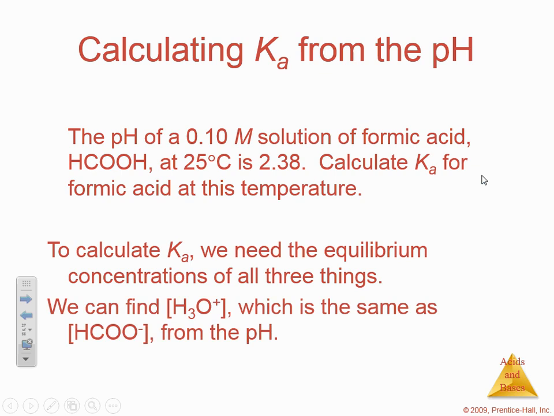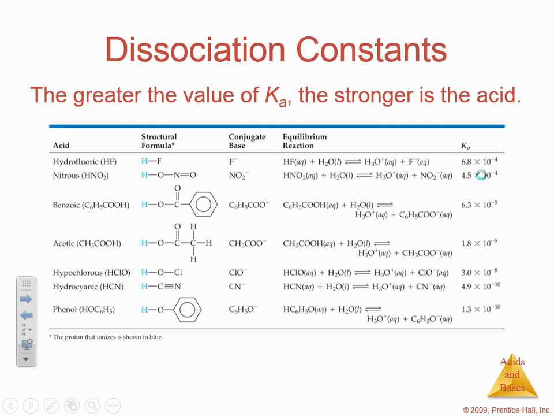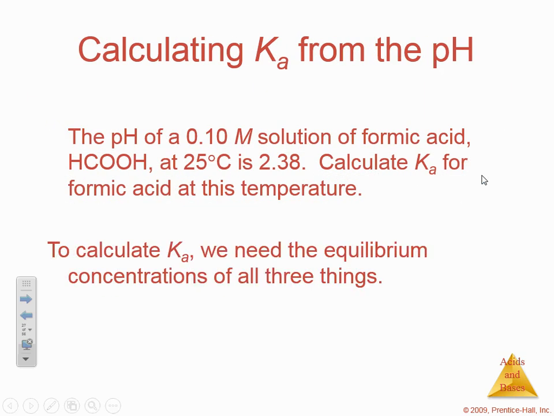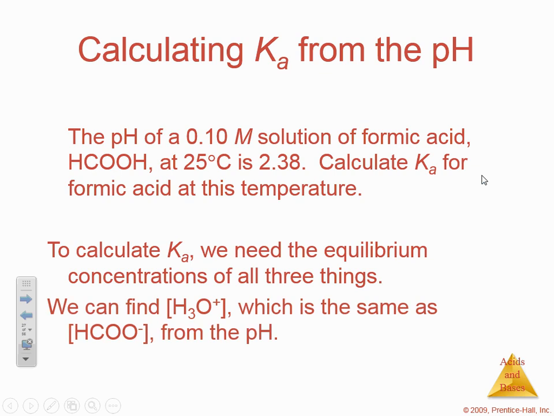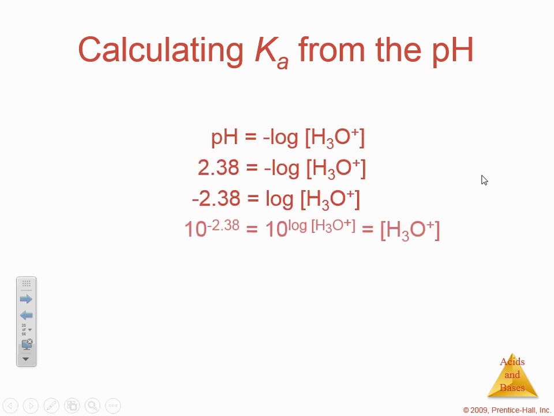Since H3O is our newly formed conjugate acid, we can figure out our base as well off of that. They're going to be in equal amounts. So H3O and HCOO minus are going to be the same concentration from the pH.